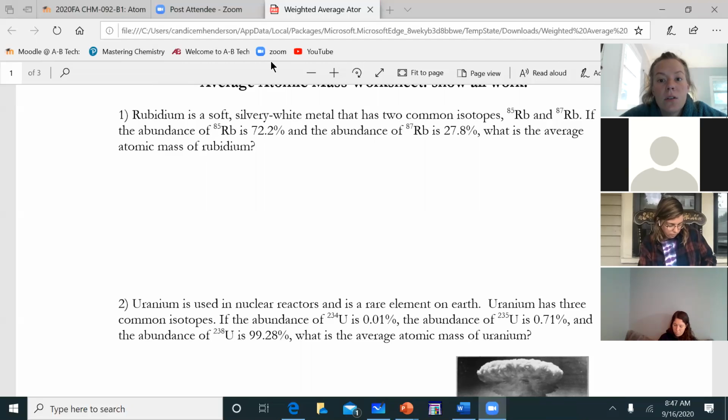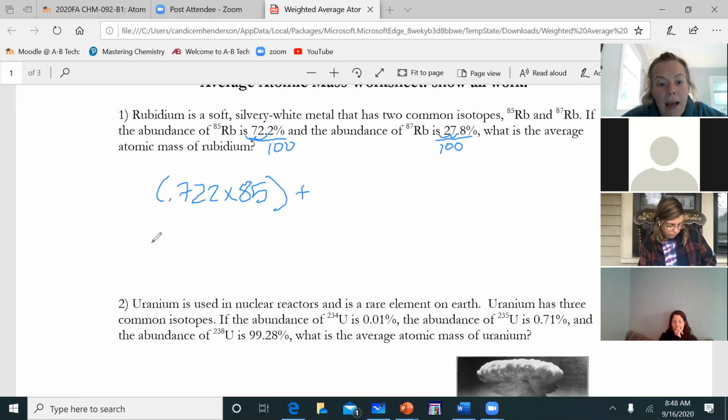First thing I need to do is get these guys out of percent. So divide by 100, divide by 100, or move the decimal over 1, 2. Okay. So the first isotope has a decimal fraction of 0.722, and we're multiplying that by 85.